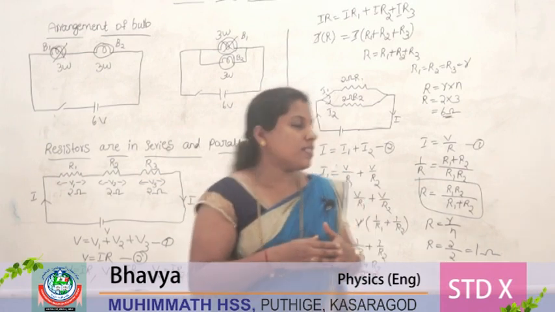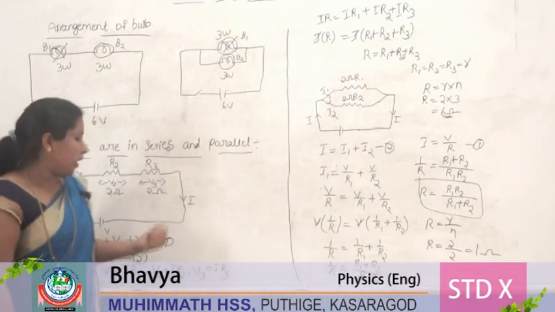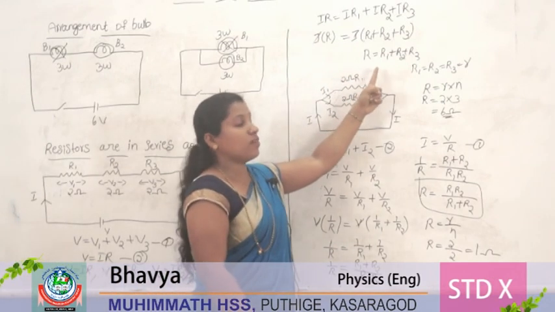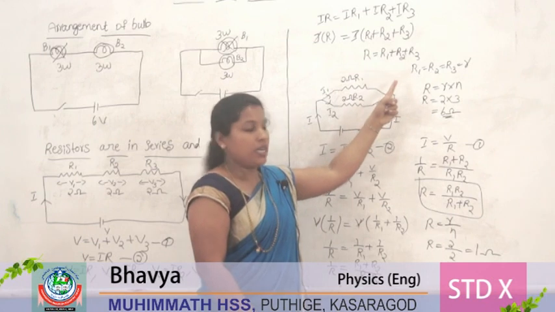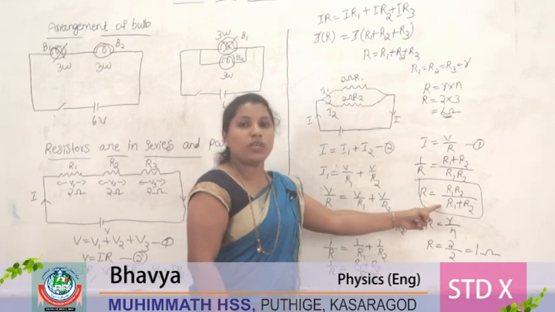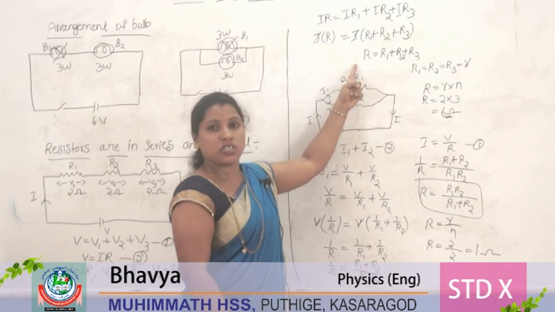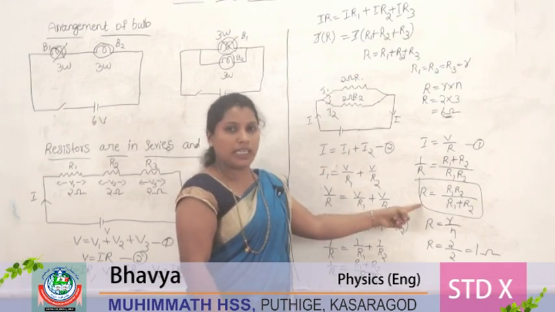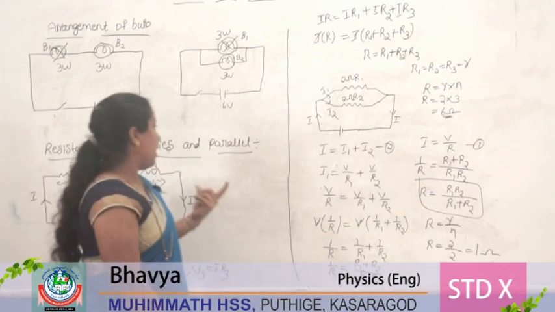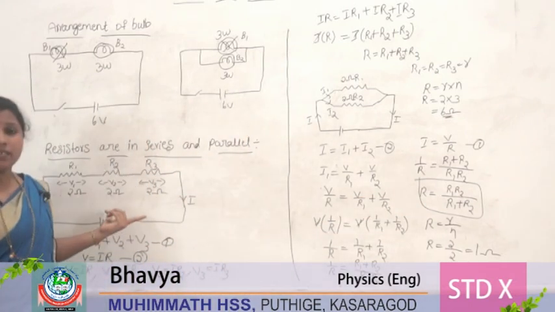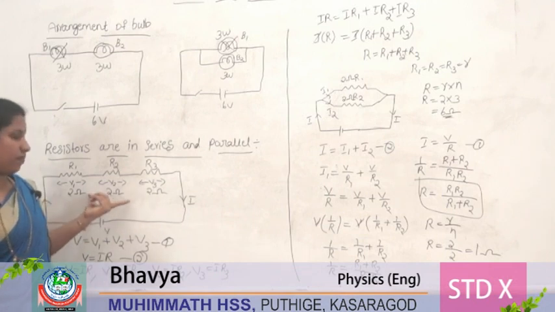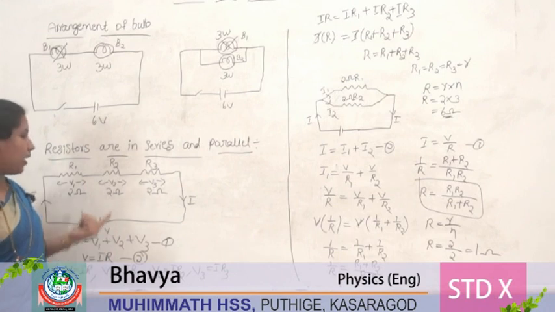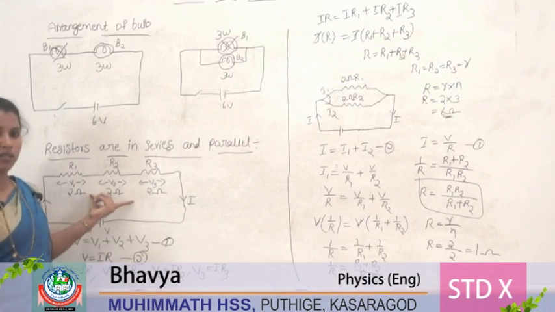Next, you should distinguish between resistors in series connection and parallel connection. In series connection, effective resistance is high, we add: R is equal to R1 plus R2 plus R3. In parallel it divides. So effective resistance in series connection increases, and in parallel connection decreases. Next, current. In series connection, the same current from the main flows in all resistors.